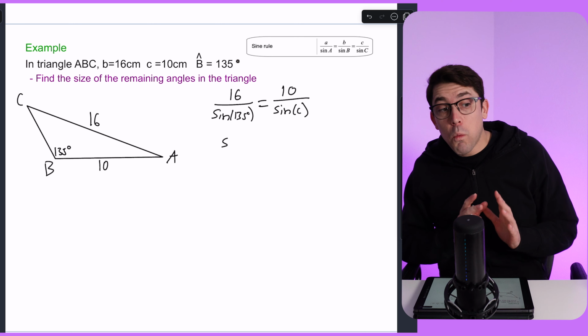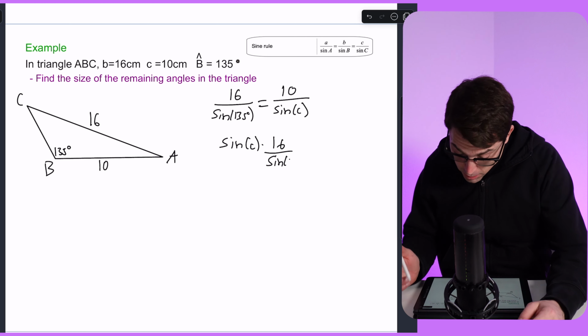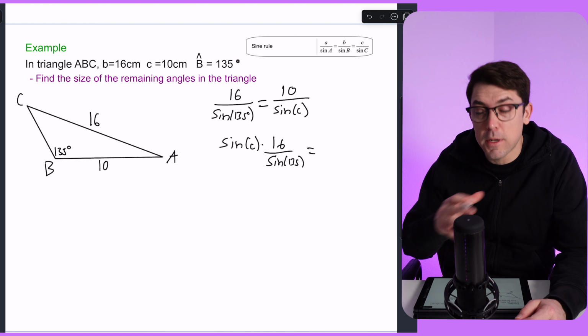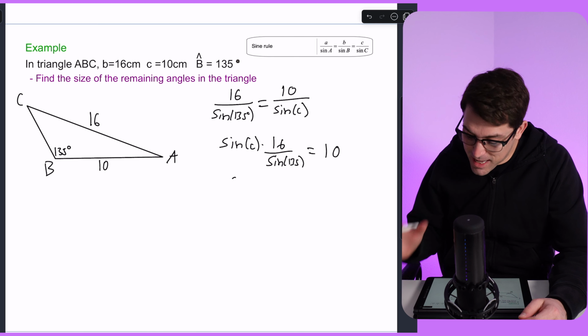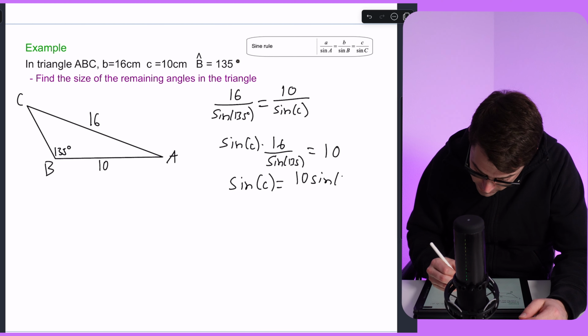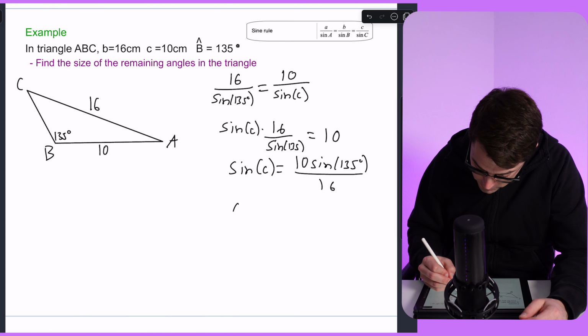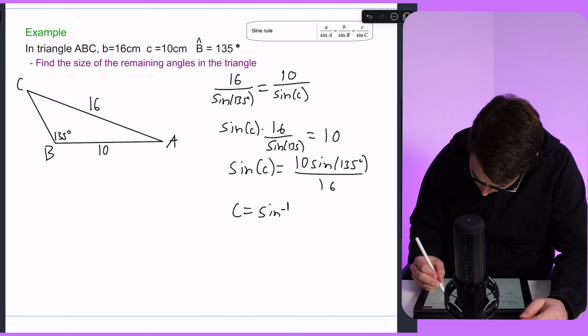Now, I want to know what the sine of C is, I want to know what that angle is. So what I can do is rearrange this just as we did in our previous problems in order to get that unknown variable. So let's get it to the other side. That way I would have the sine of C times 16 all over the sine of 135 is equal to 10.